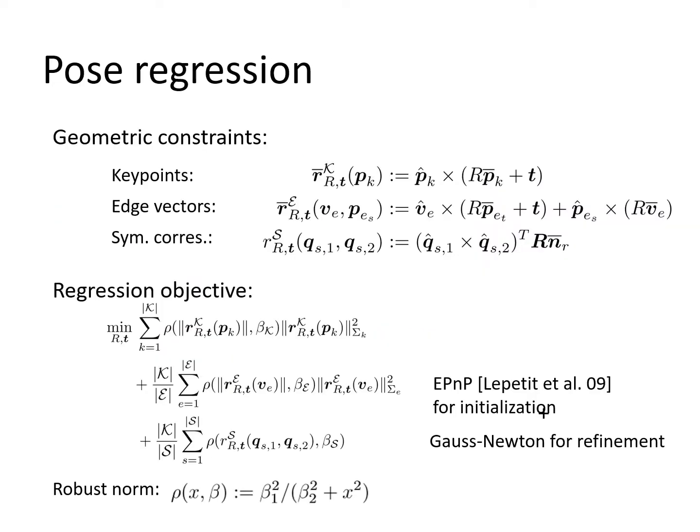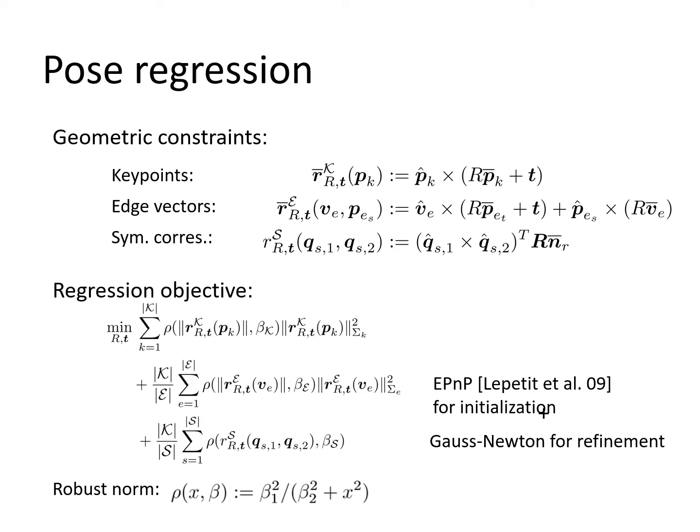This slide shows the details of the pose module. Essentially, we penalize the geometric constraints induced under each prediction using a robust norm. The initial poses are given by EPnP, and we perform Gauss-Newton optimization for refinement. Given the intermediate representations, we can write out the constraints.